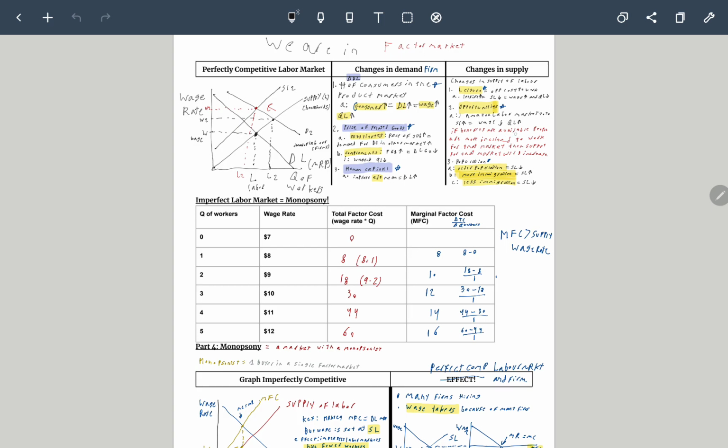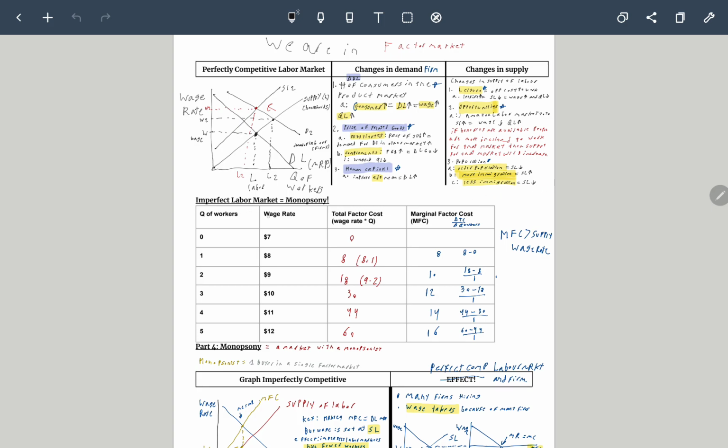So when you have more benefits available to work somewhere else. Now, the population also plays a big part in this. If the population is growing old, that means the supply of labor is going down. If there's more immigration, that means the supply of labor is going up. If there's less immigration, that means the supply of labor is going down.